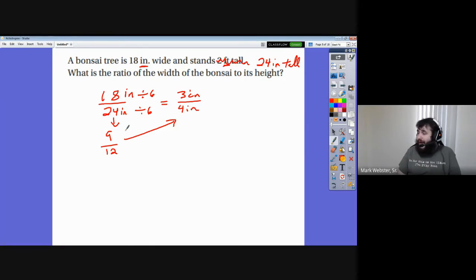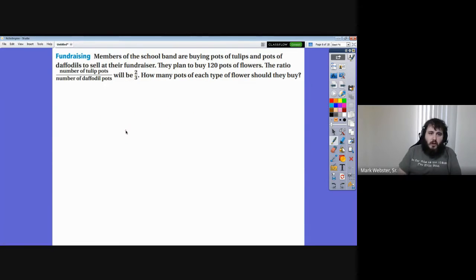It's okay to do that. All right, let's move on. Here's another one. Again, the same idea. We got to make a ratio. But now they're asking us sort of a different question, right? They give us the ratio as 2 to 3, and they tell us that there's a total amount.